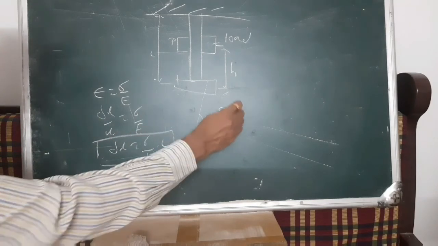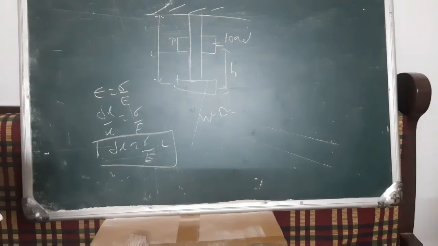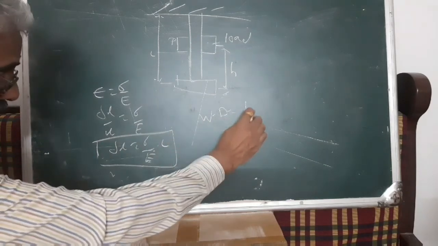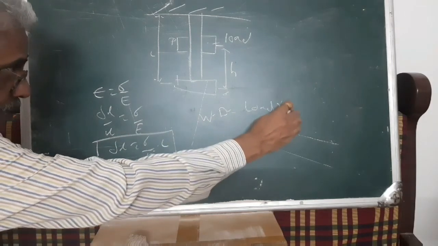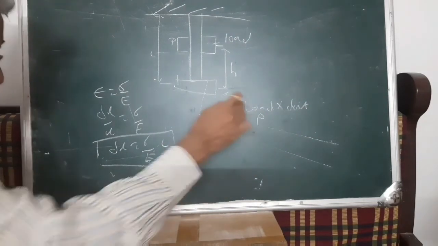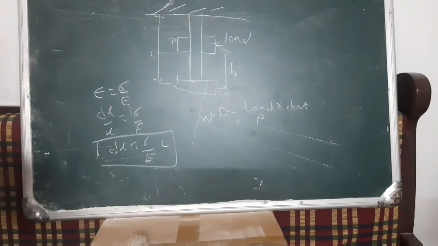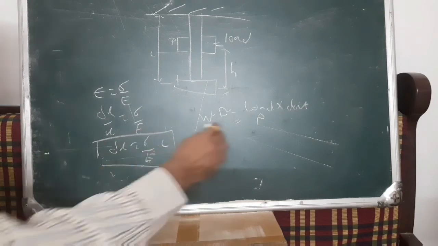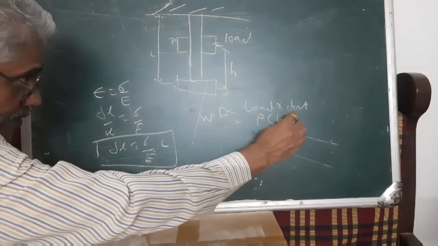Now the work done by the load will be load into distance. What is the load? Load is P. What is the distance in that case? H plus delta L. That is the work done.